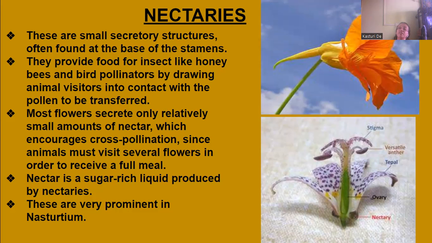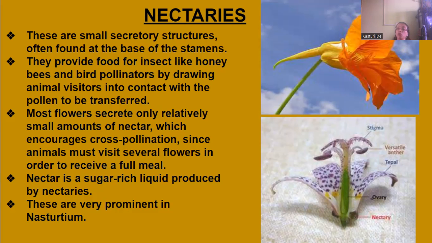Most flowers secrete only a relatively small amount of nectar, which increases cross-pollination since animals must visit several flowers in order to receive food.